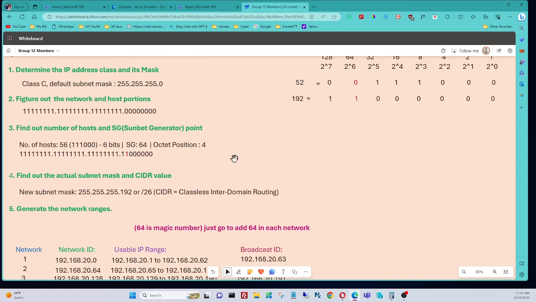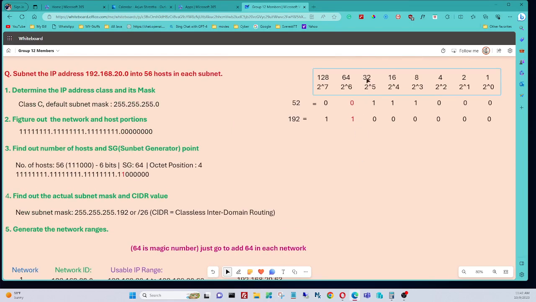And we know 64 is our subnet generator. We could use 32 here, because we need 56 hosts, right? Since 56 is a little bit more, there are free hosts we can use for other devices. But never use less than this.